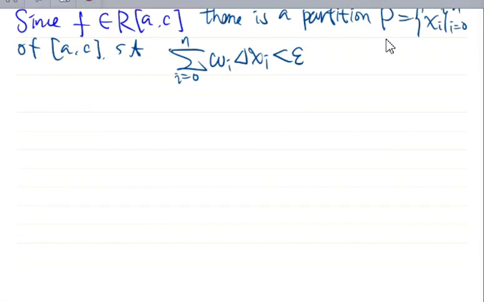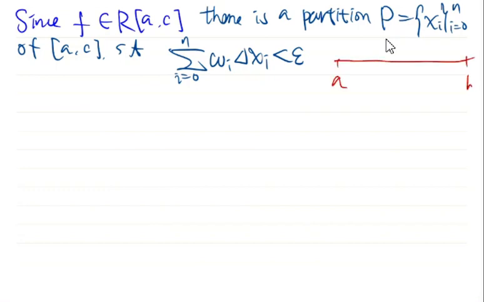Here omega_i is the oscillation of f in the subinterval. So this is a, this is c. We have a partition. This is x_{i-1}, this is x_i. So this is a typical subinterval. Omega_i is the oscillation of f on this interval.